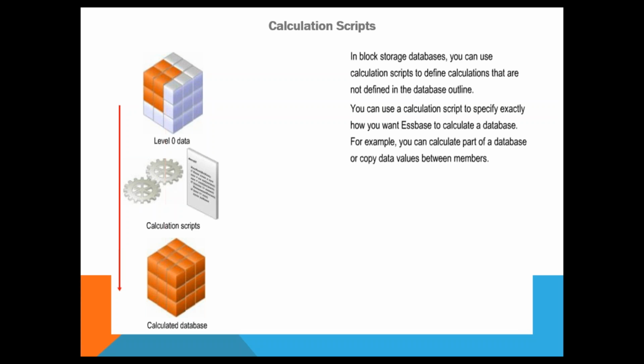Why do we need calculation scripts is a question. First thing, calculation scripts only work on BSOs. There is no provision of calculation scripts on ASOs. And why do you really need a calculation script?